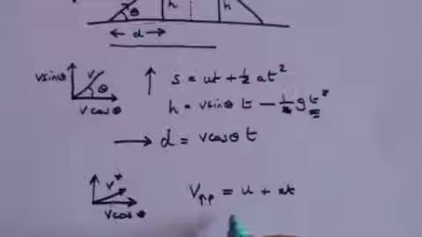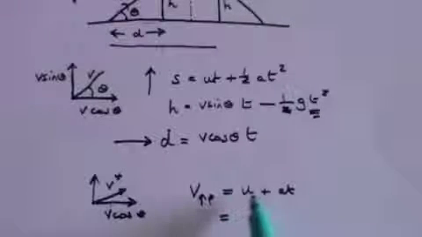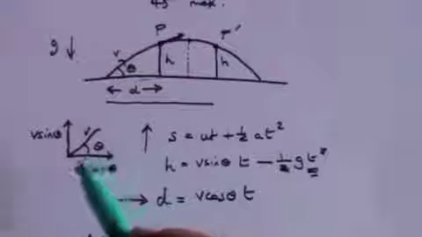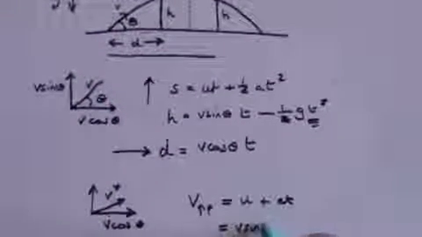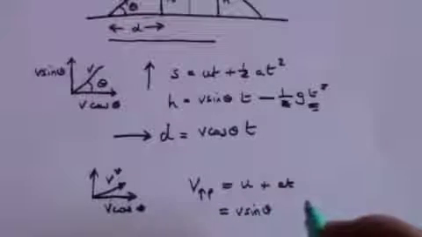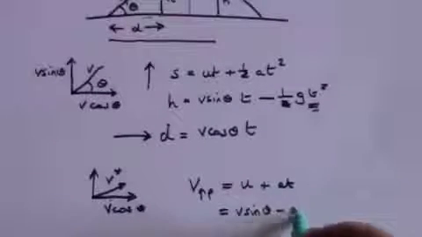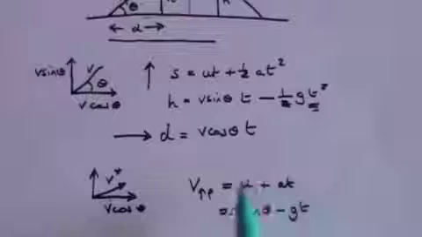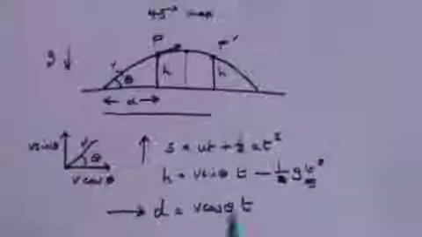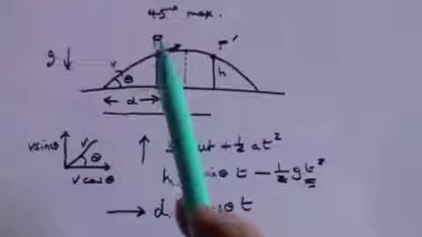And that equals u, which is the initial vertical velocity, which is v sine theta, plus at. Well, a, of course, is going to be minus g, so minus gt. So this formula gives you v sine theta minus gt as the new vertical velocity at the point P.